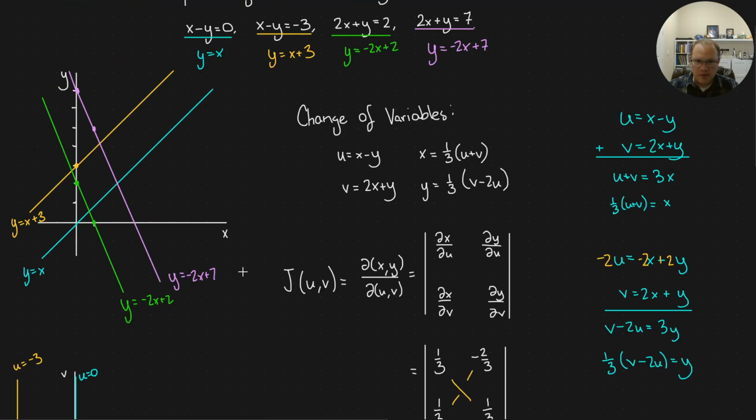And then we have y equals negative 2x plus 2, which started off as 2x plus y equals 2. 2x plus y is just v, so that would just be v equals 2.